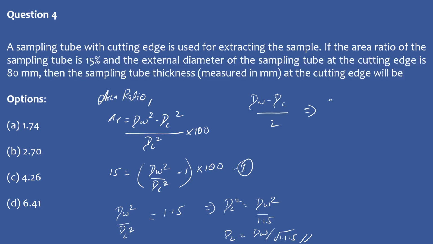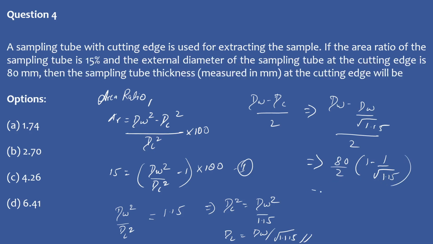Now we know your dw and your dc is dw by root of 1.15 by 2. So your dw is 80 mm. So it's 1 over root of 1.15 by 2.